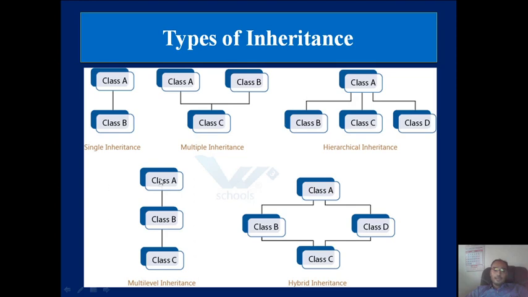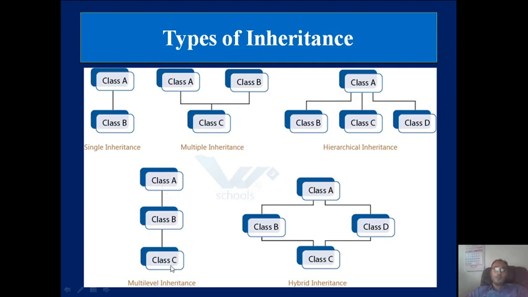In multi-level inheritance, there will be a multi-level hierarchy of inheritance. For an example, class A is a grandparent, class B is a parent, and class C is a child.